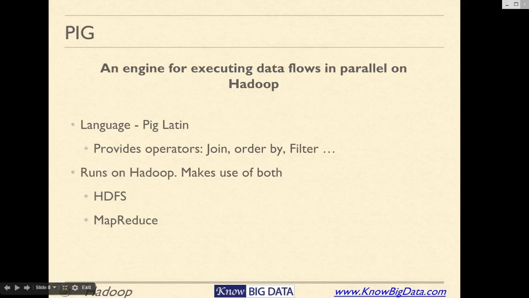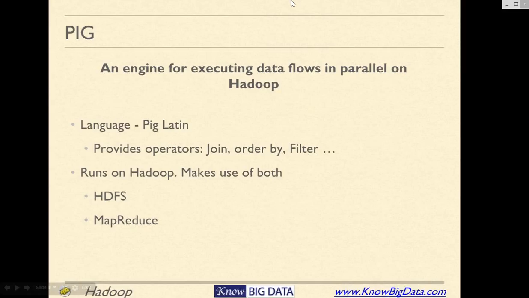Okay, so what is Pig essentially, right? We already spoke about writing Java code, writing MapReduce in terms of Java, right? Why do we need another engine? Why can't we just keep writing MapReduce in terms of Java? So what we saw is that writing MapReduce in terms of Java is not very straightforward.